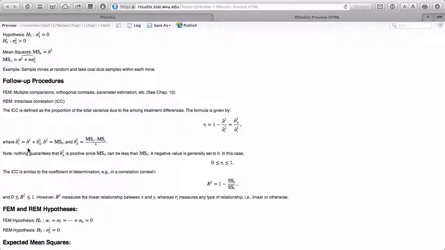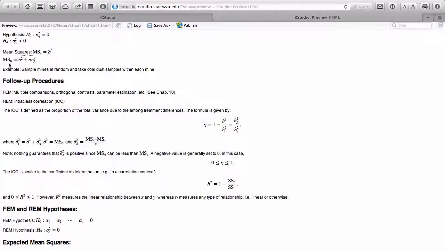Well, the sigma squared total is equal to the total variance, the sum of the two variances, which is sigma squared plus sigma squared sub A. And you can see by solving, if you take the mean square for A minus the mean square for E and divide by n, that's one way you could think of getting an estimate of sigma squared sub A.